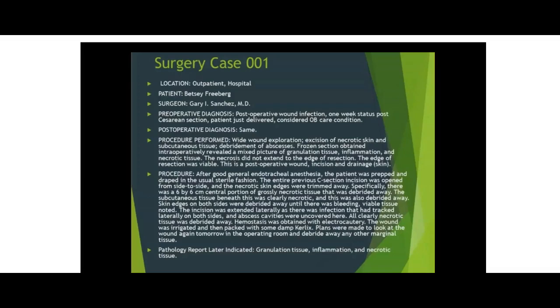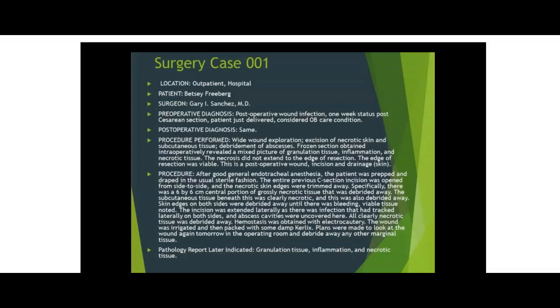And then skin edges on both sides were debrided away until there was bleeding. Viable tissue noted. The incision was extended laterally as there was infection that had tracked laterally on both sides, and abscess cavities were uncovered here, all clearly necrotic tissue was debrided away.